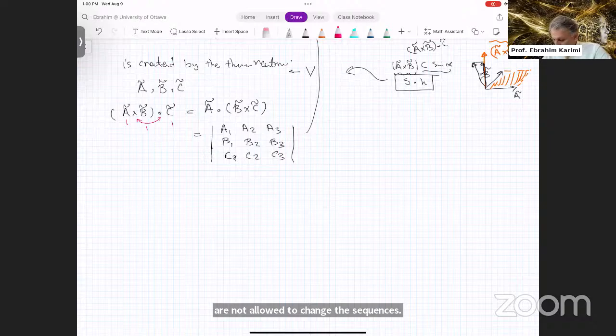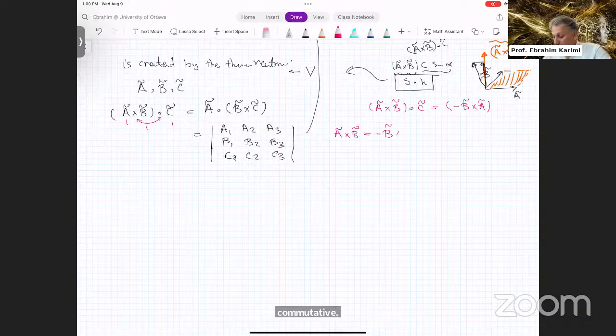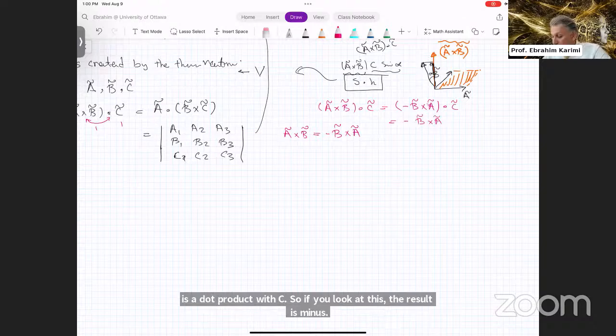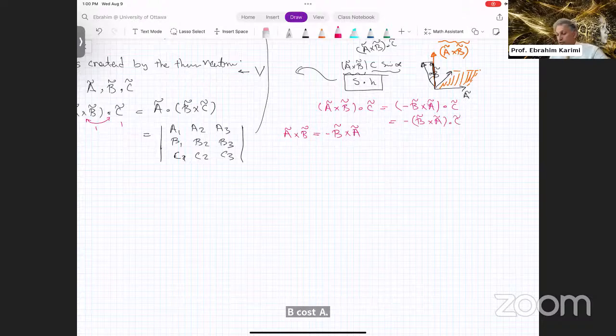For example, A cross B dot C is equal to minus B cross A dot C, because we discussed that A cross B is not commutative and is essentially equal to minus B cross A, and then that is dotted with C. So you are not allowed to easily switch them.